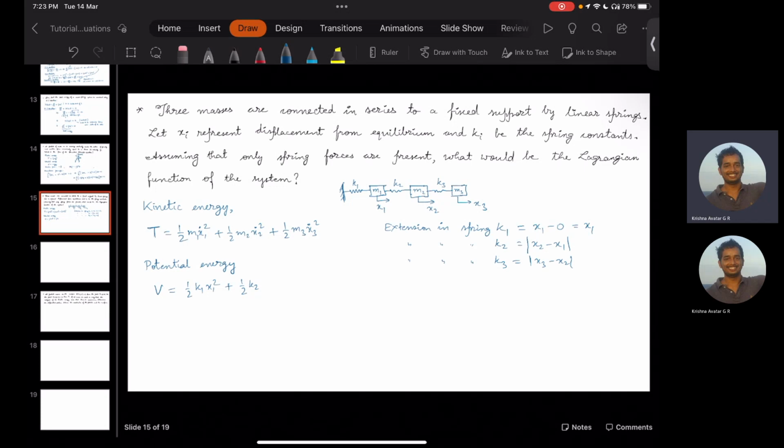Now the extension in the spring k2 is the absolute value of x2 minus x1. When we take the square of this quantity, it's the same as taking the square of the signed extension, with sign plus or minus. Likewise, for the third spring, we have half k3 (x3 minus x2) squared. Fine.